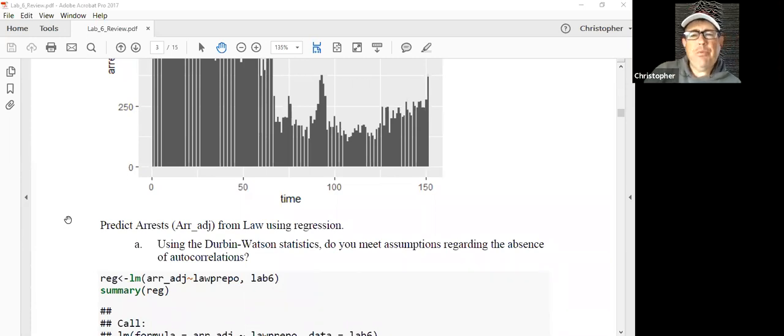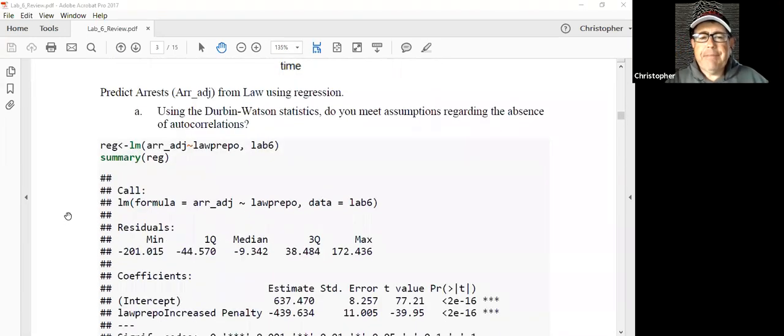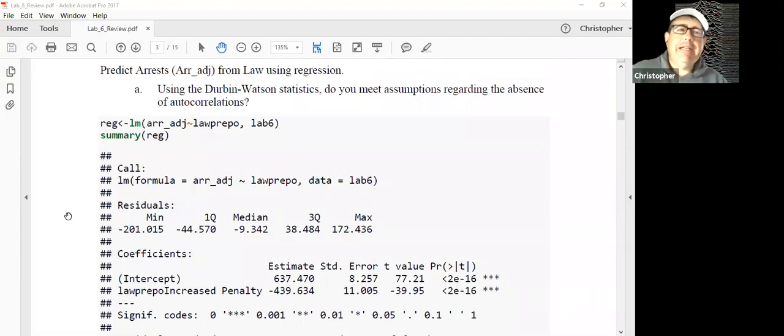Again, I probably wouldn't start with this, because there are limitations to the regression approach, but it's a nice way in to show what we're doing with ARIMA and how that's just an extension of everything we learned when we were talking about multiple regression. So the first thing is, using the Durbin-Watson statistic, do we meet the assumptions regarding the absence of autocorrelations? Remember, the Durbin-Watson statistic is one of several ways that we can address the autocorrelation assumption.